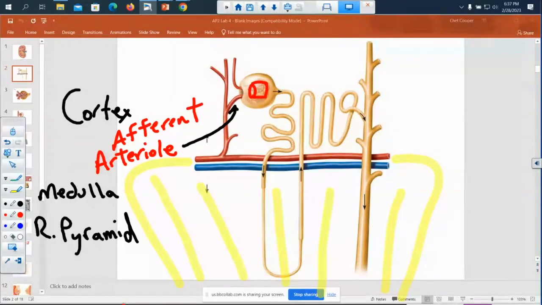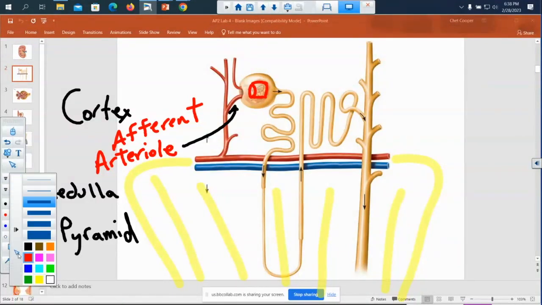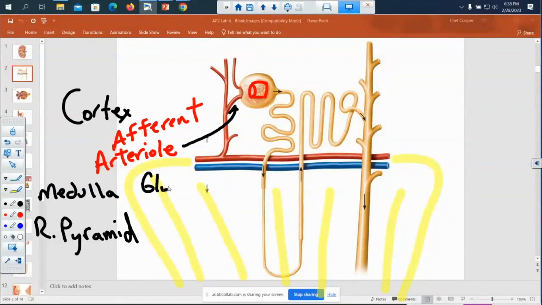What kind of blood vessels does it lead into? Where I drew the picture. Capillaries. And boy, they give those capillaries a name. That capillary network is one of the most important parts of the kidneys. It is called the glomerulus. The glomerulus.